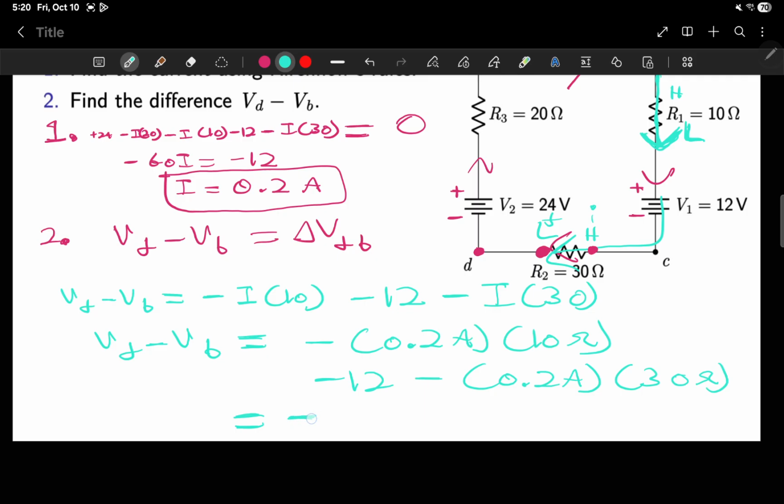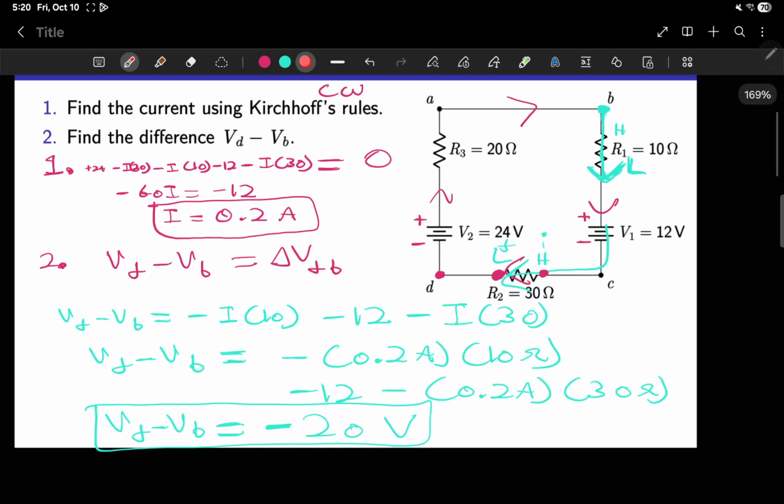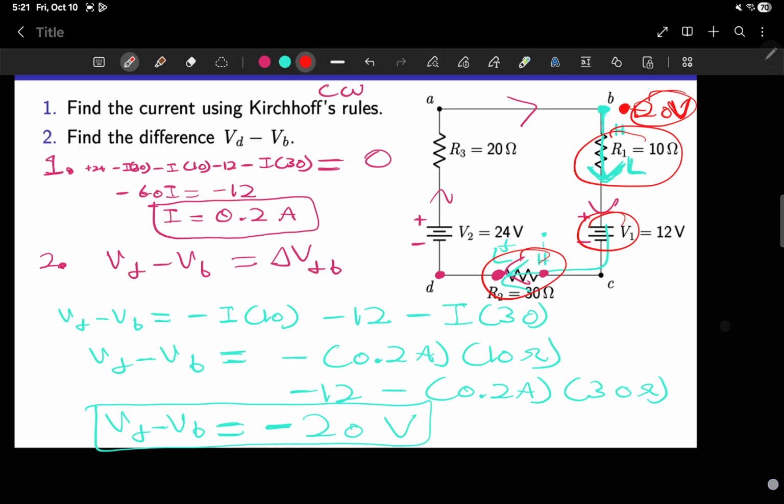And that gives me a change in potential of minus 20 volts. So what this is saying is that when I was standing at point B, I had 20 volts more of energy, and as I got to point D, I went through a bunch of brick walls that slowed me down to the point where I lost those 20 volts that I had before.